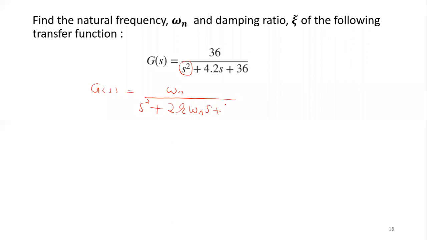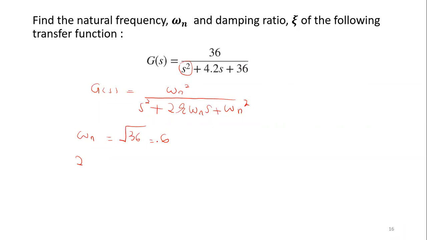Okay, so from here we can find the natural frequency. Your top also has a square, the natural frequency squared. Okay, thank you. So now you can find your natural frequency. Natural frequency is the square root of 36, which is 6.